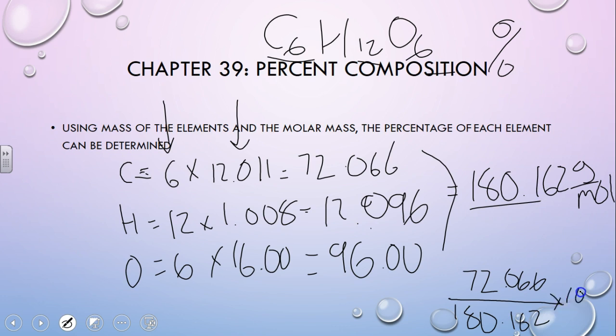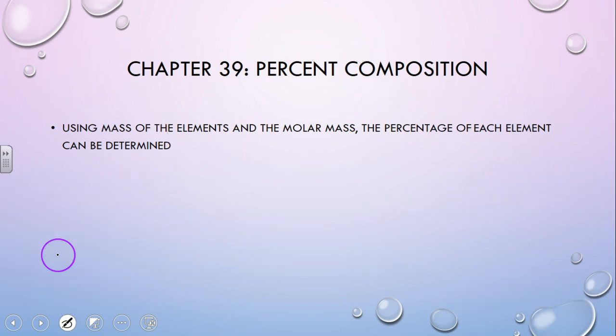Then we multiply that by 100, and that is going to give us the percent carbon in that compound. The percent carbon equals almost exactly 40%. We can do this for any element or any compound.